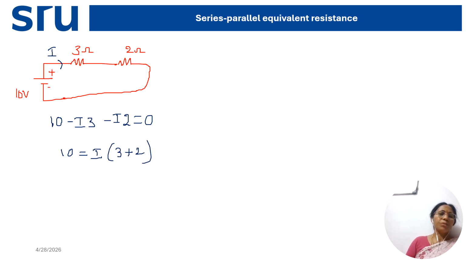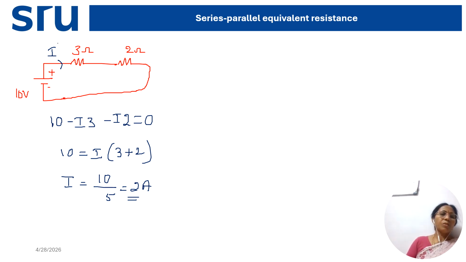The voltage drop across the resistance on the right side has the equivalent resistor 3 plus 2, and from this you get the current magnitude I equals 10 divided by 3 plus 2, which means 5, so 2 ampere. How much current is flowing through all the elements? 2 ampere.